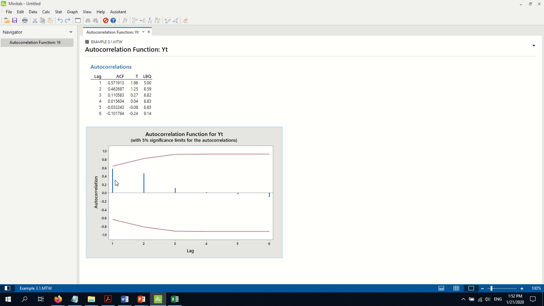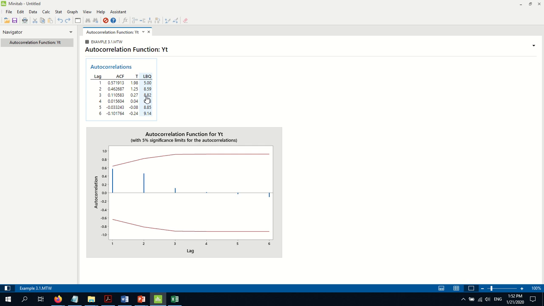Here we have tested each individual autocorrelation coefficient. Now we can consider coefficients as a group. For example, if we consider lags 1, 2, 3's coefficients as a group to test whether they are jointly different from 0 or not, we can use the LBQ statistic.